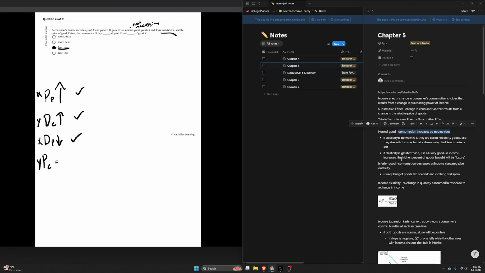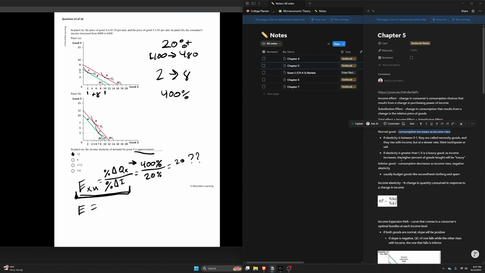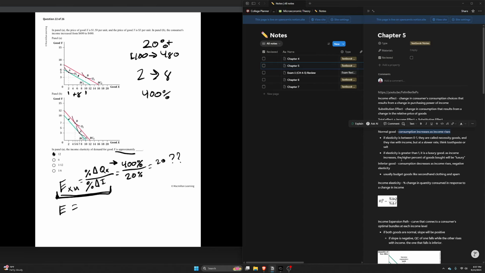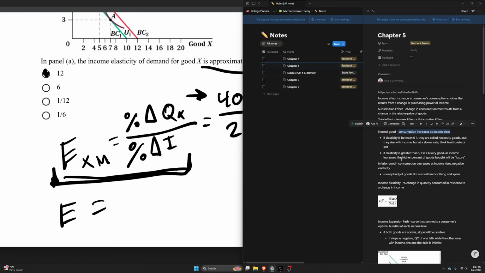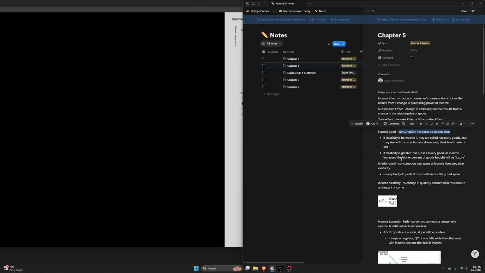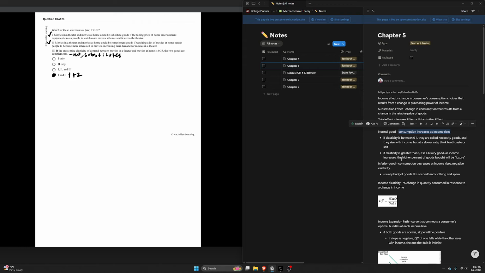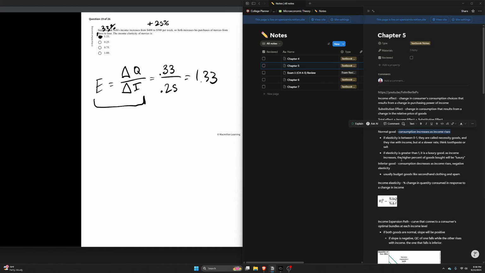That's all I got. As far as formulas go, the two that I would focus on are this one. There's probably a better one in the textbook or lectures, but it's more of a concept thing: if you're looking for elasticity, it's going to be the change in quantity over the change in income.